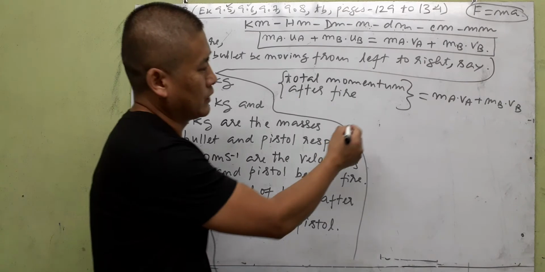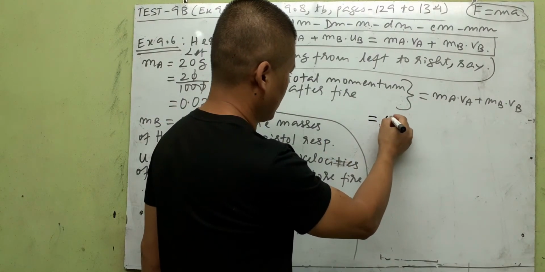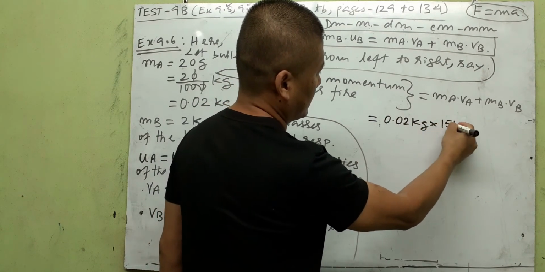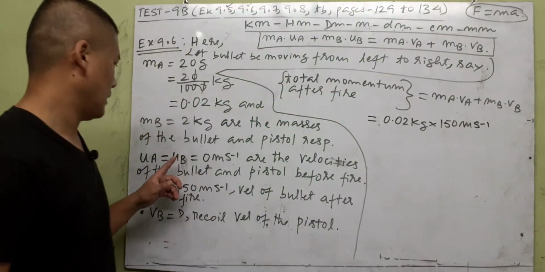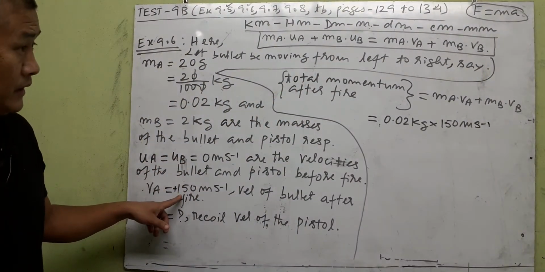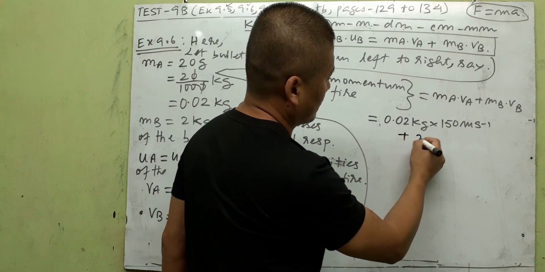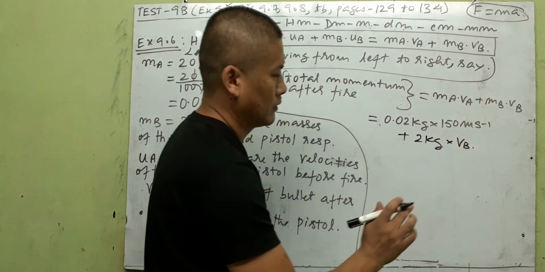So let us write that one down. Mass of the MA is pistol, so 0.02 kg into 150 meter per second, as you can see here, VA plus here MB 2 kg pistol into VB, recoil velocity, we don't know.